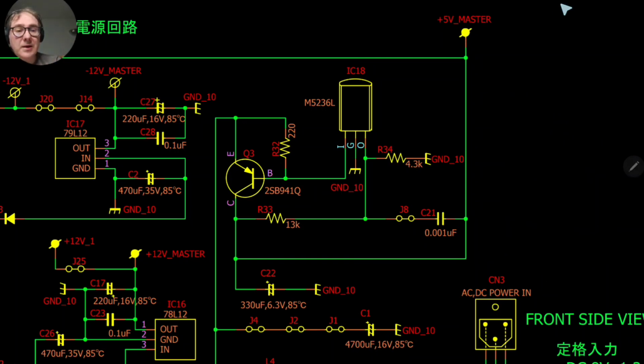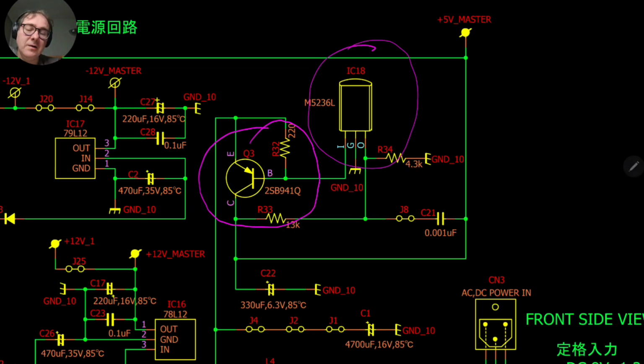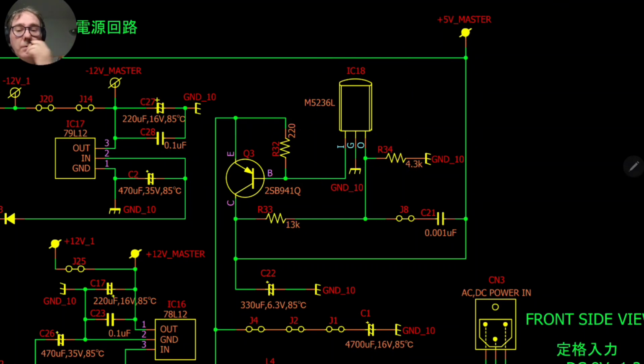So I guess the idea of the designers of this circuit was to separate the two parts: on one hand to have a control here, and on the other hand a driver in here. So how does this work? This controls the amount of current which goes from here to here.